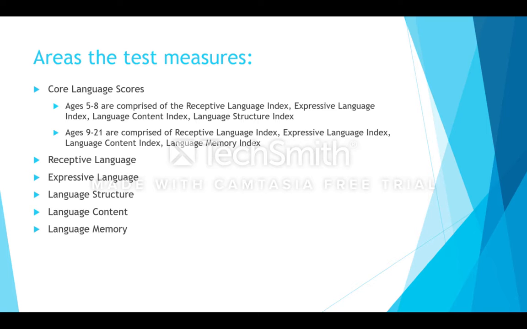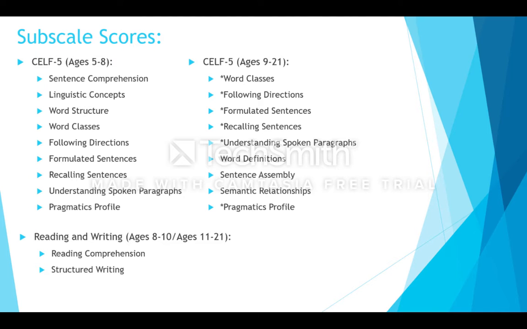Ages 9 to 21 are comprised of Receptive Language Index, Expressive Language Index, Language Content Index, and Language Memory Index instead of the Language Structure Index. The other areas include assessments of receptive language, expressive language, language structure, language content, and language memory. So these are the subscale scores for the CELF.